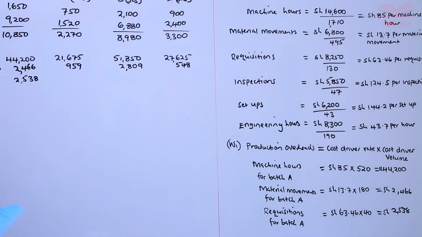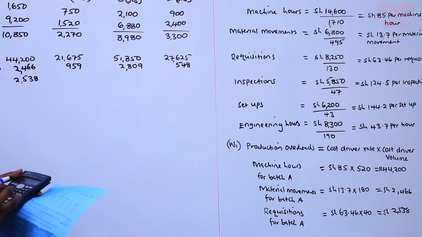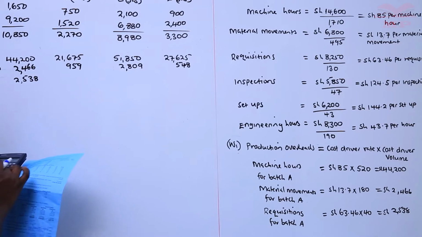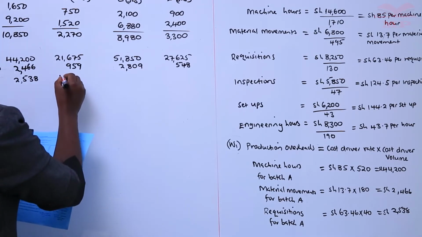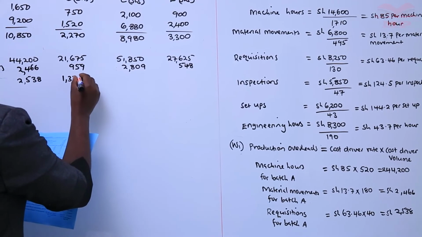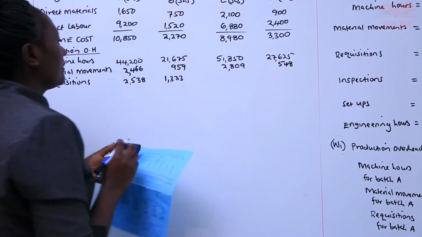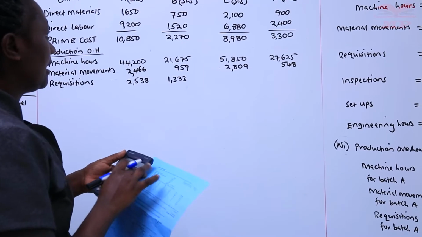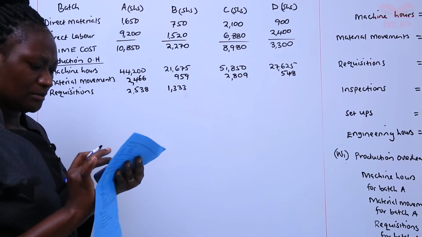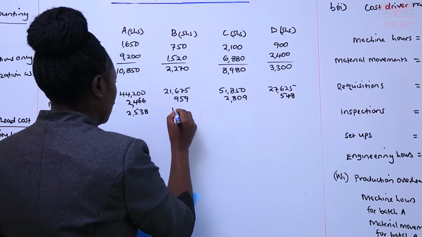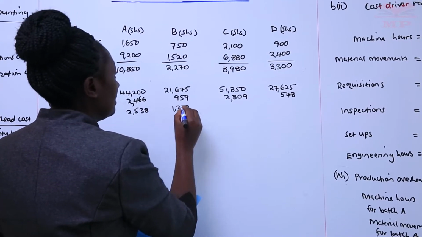Then you do the same for batch B. The requisitions were 21. So 63.46 times 21, I'll get 1,332. Rounding it off, 1,333.